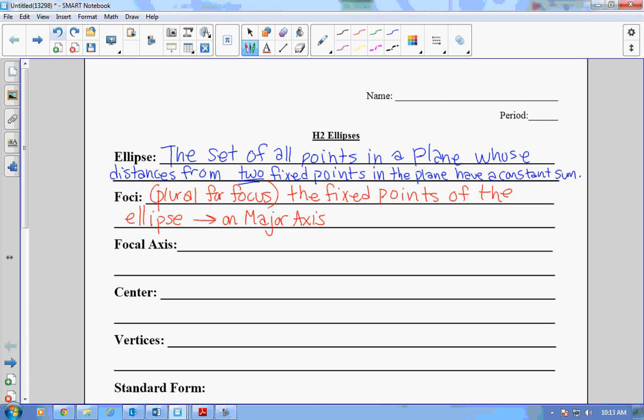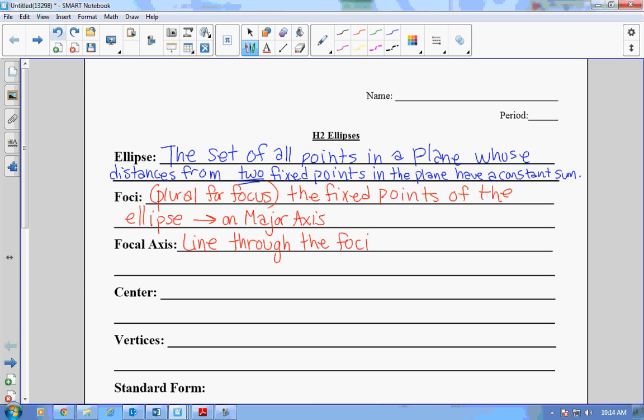Okay, the focal axis is the line through the foci. The center, which we know what a center is, right?